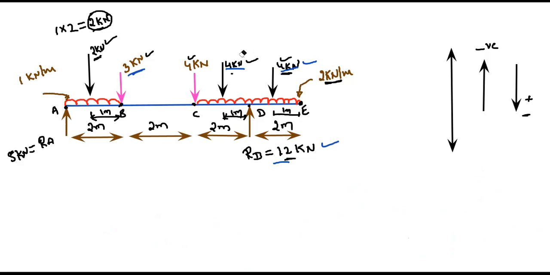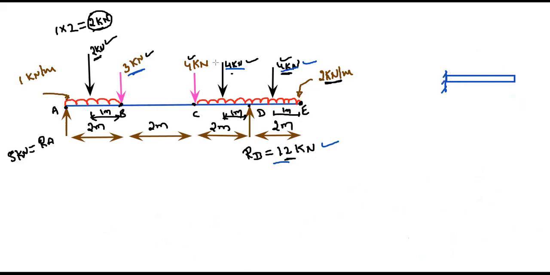Okay. Here again we will come from the right side. If you are calculating the moments from the right side, you should know the sign convention. What is the sign convention? Suppose we have a beam like this.